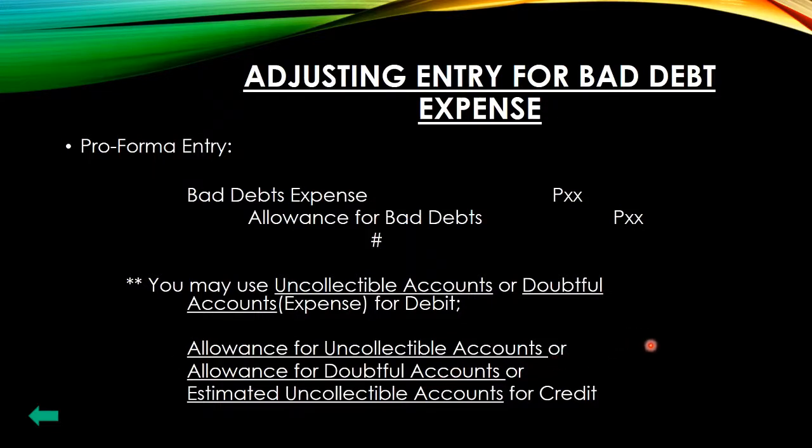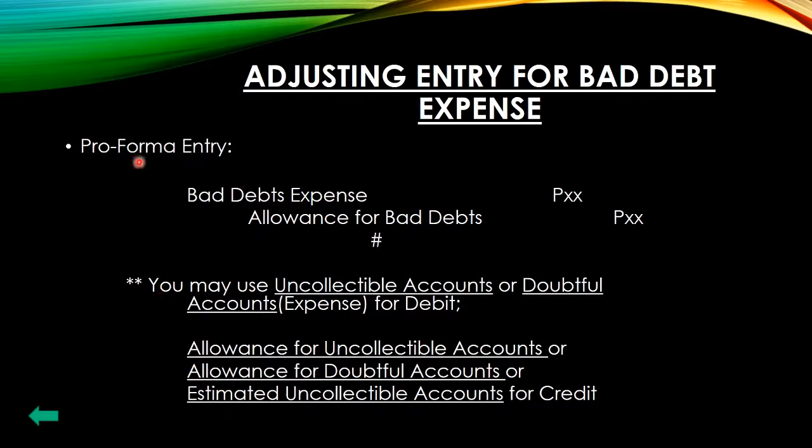So, it is still an asset account, it's just that it has a reverse nature. I mean deduction siya sa asset. Okay? So, just keep this in mind that you can also use these particular account titles when you will be having the bad debts expense.